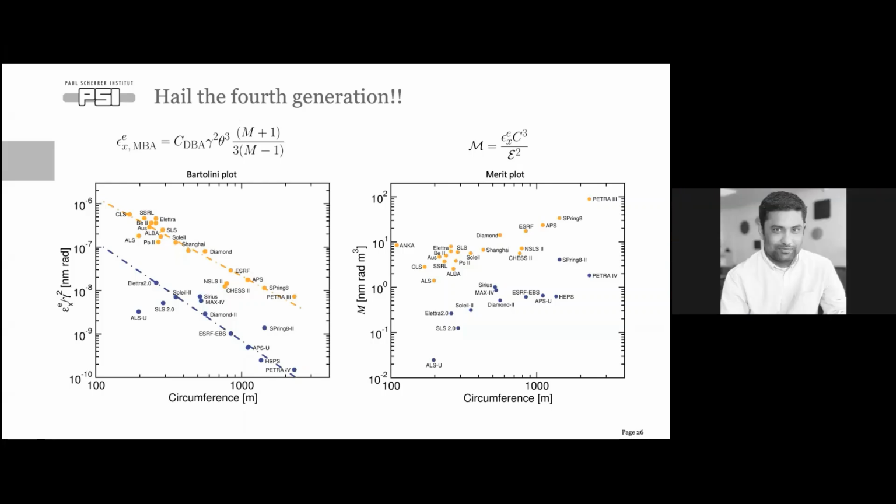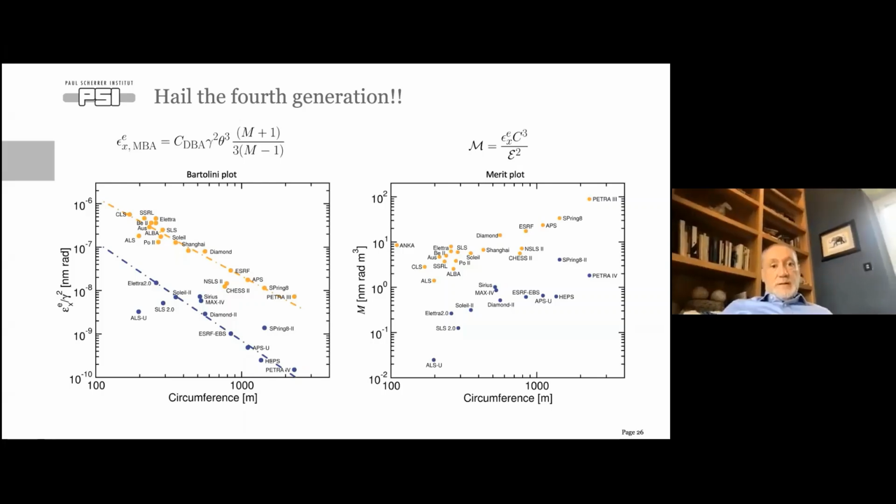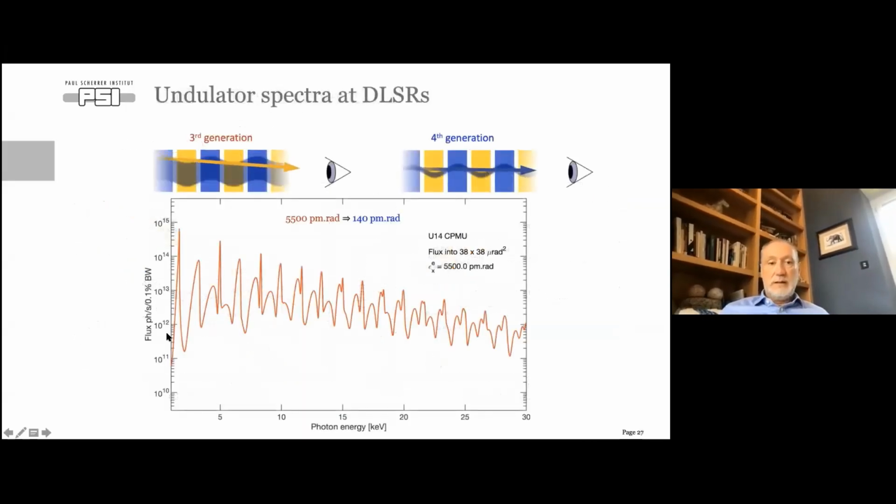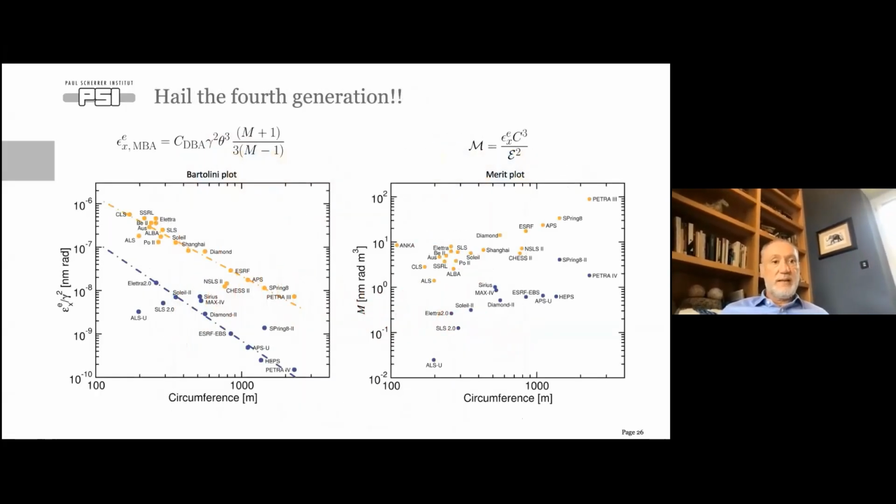Now, if we look at the upgrade programs of various facilities here, shown in blue, compared to the present third generation facilities, we see between a factor of 10 and a factor of 30 or 40 improvement in the emittance. And we can see the SLS goes from here to here.